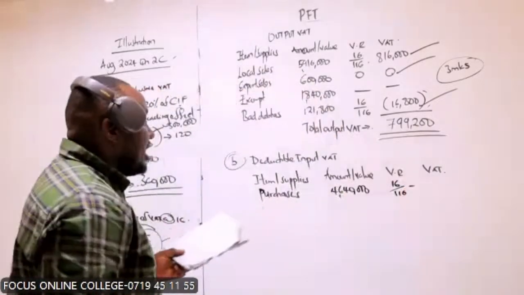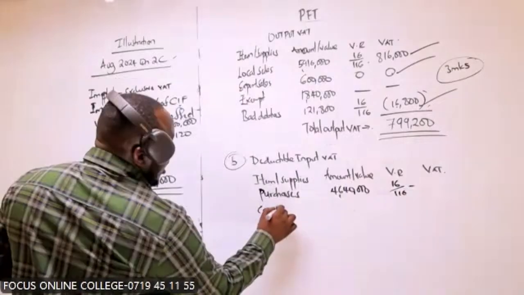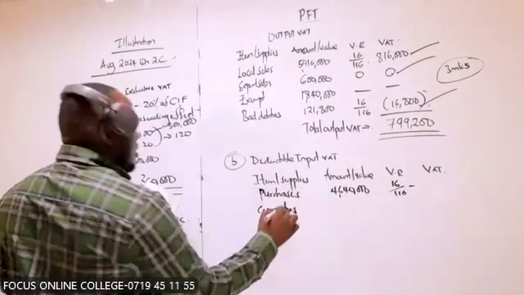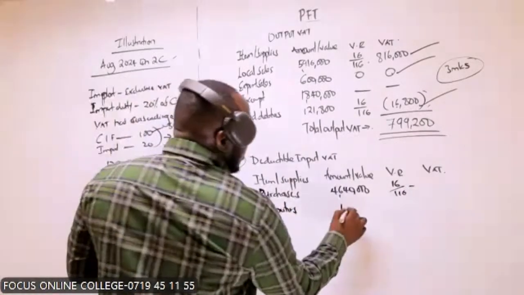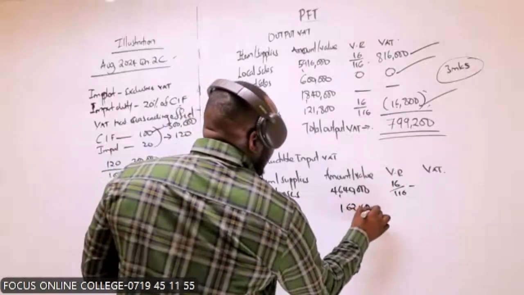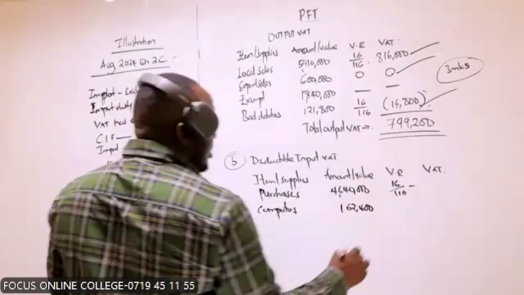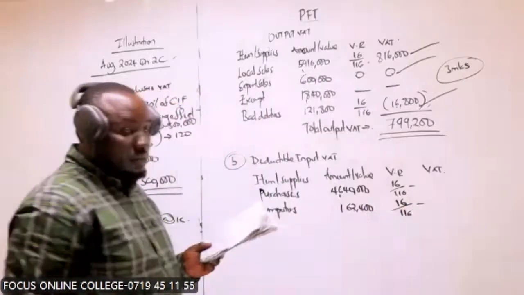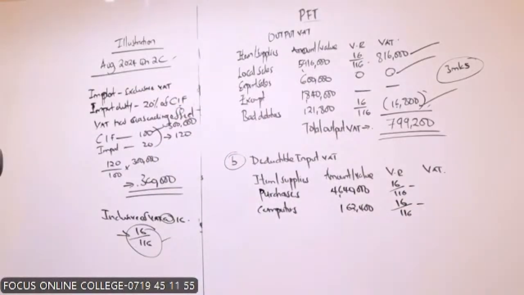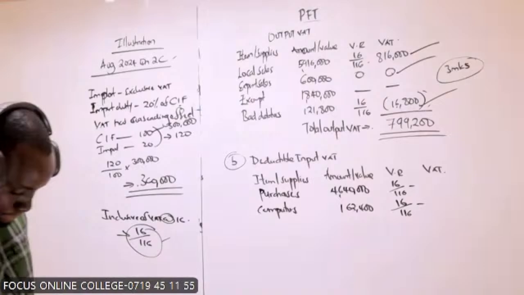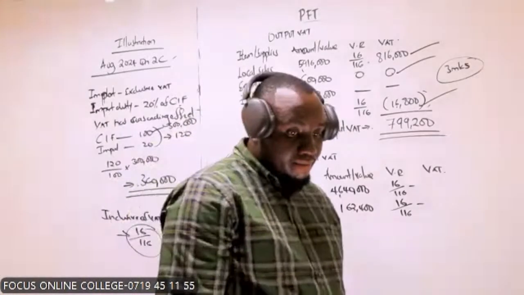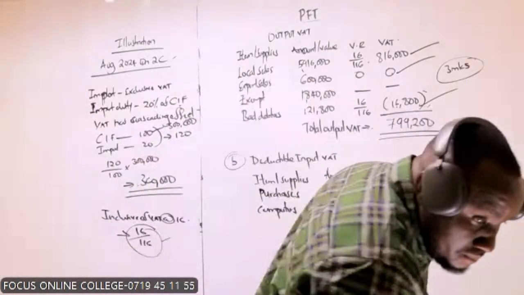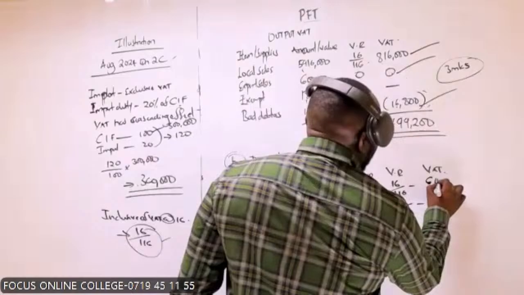Then you have computers. Computers. That's 162,400 times 16 over 116. So this is 640. Nimeshukuru.